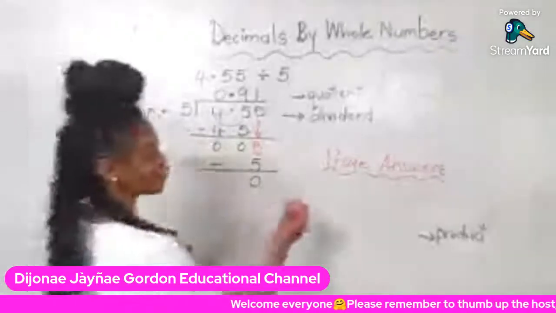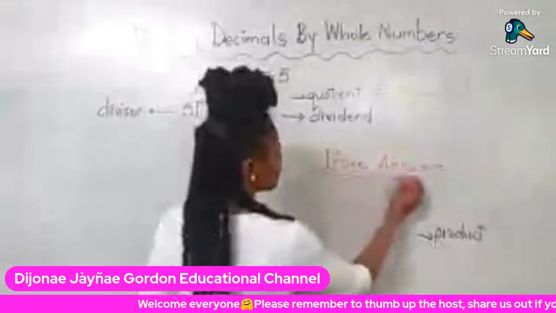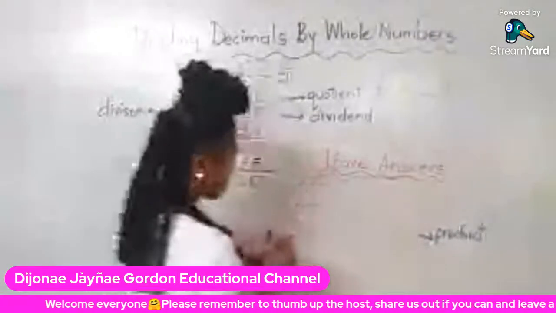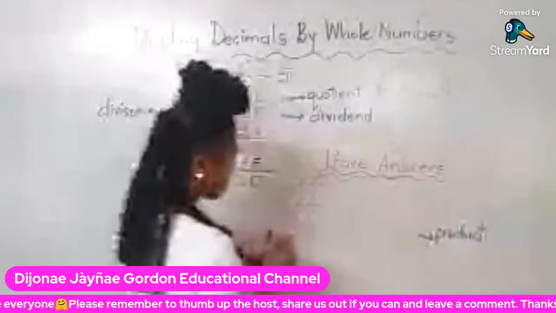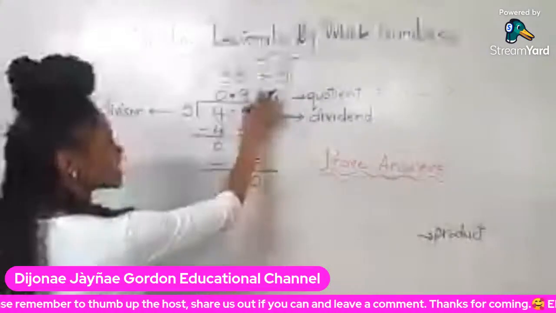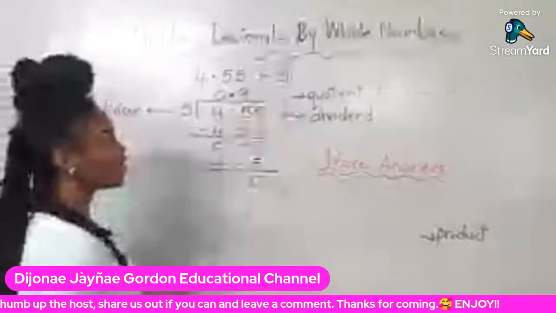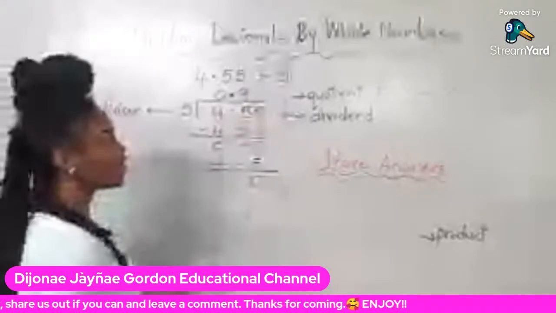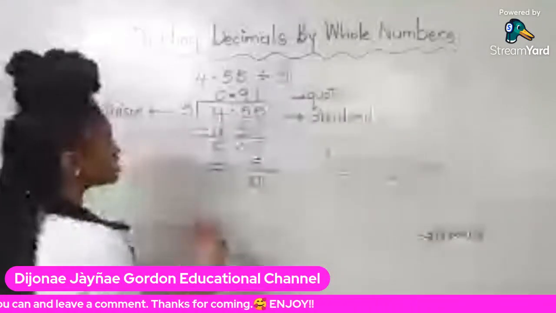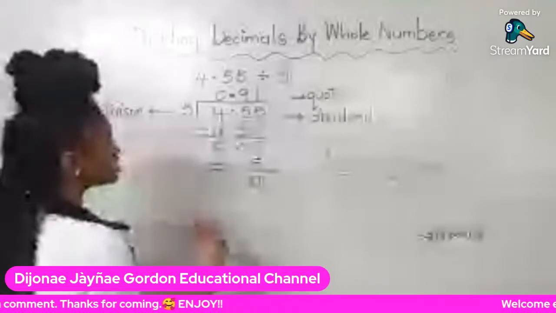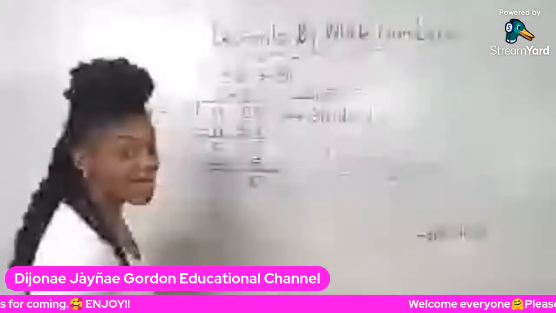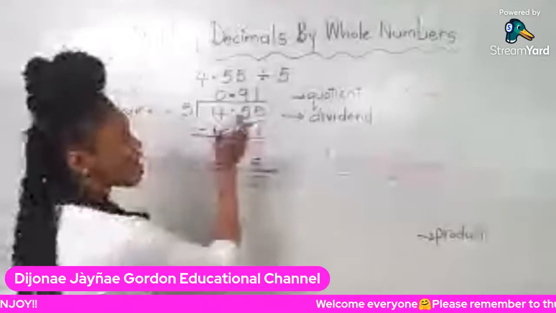And of course, to check to see if your answer is correct, this is what we are going to do. We're going to check right down here. I'm going to put in my quotient, and I'm going to multiply my quotient by my divisor to see if I get back my dividend. If I don't get back my dividend, it means my quotient is not correct.